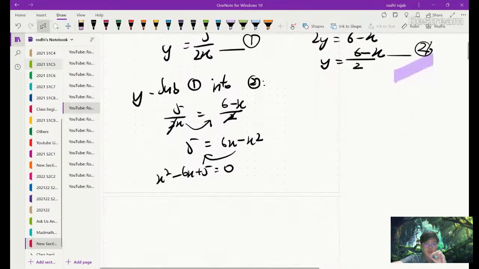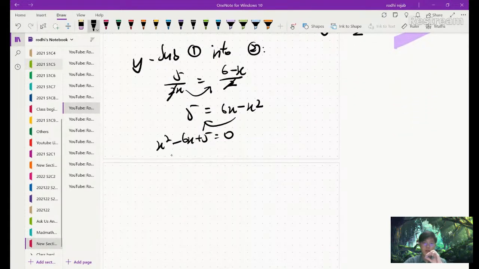So after we get this equation, we press the calculator, and we will get x minus 5 times x minus 1 equals 0. So x will be 5, and the other x will be 1.